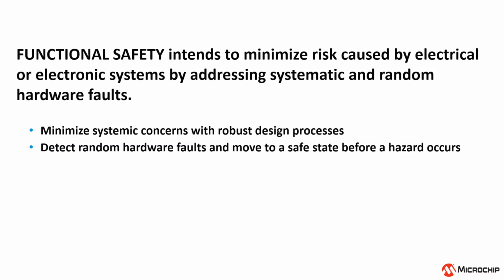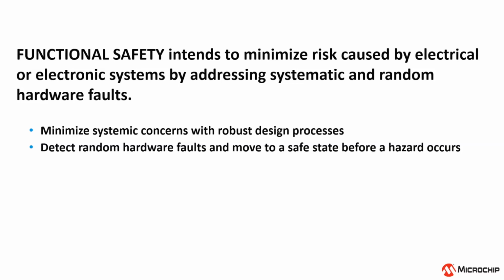On the hardware side, we look at detecting any sort of random hardware failures. If we do detect a random hardware failure, we move to a safe state before the hazard has a chance to occur. So there is a time element, and we have to do things in a timely fashion.